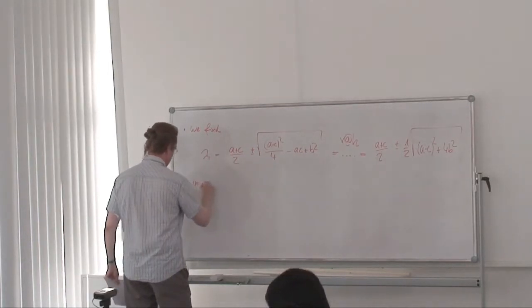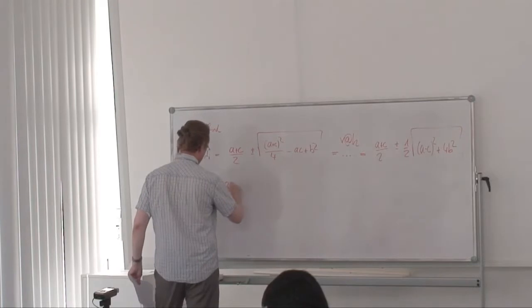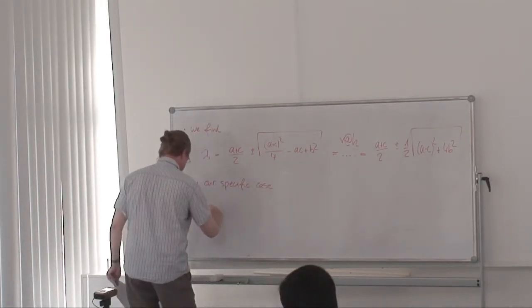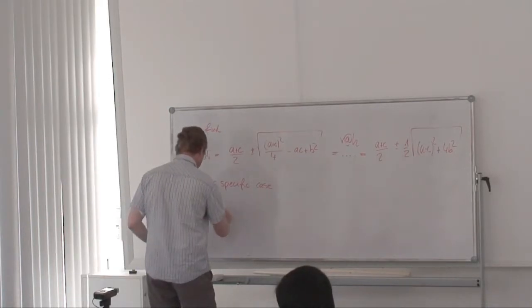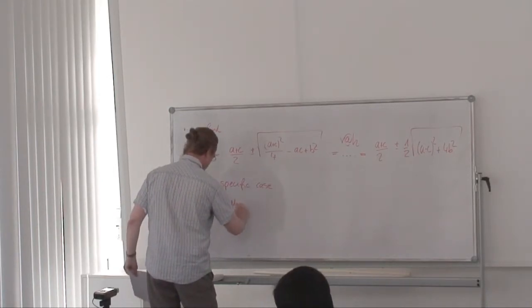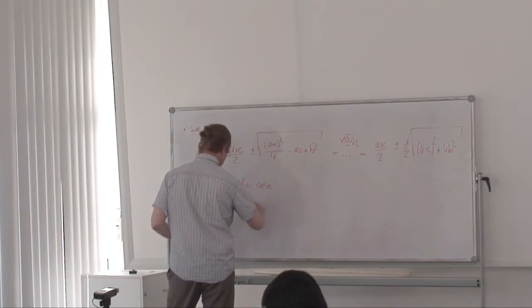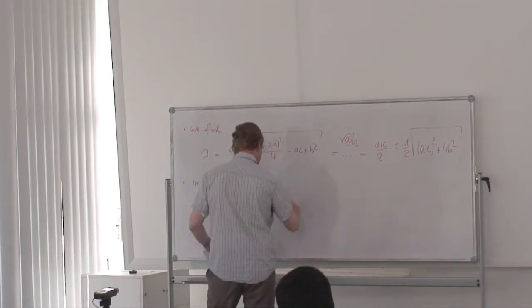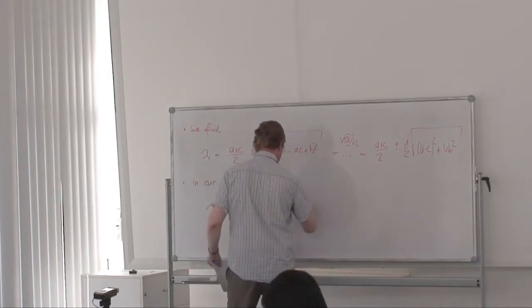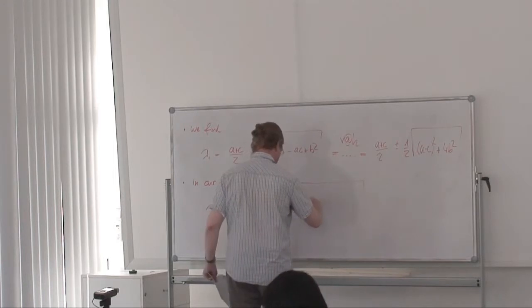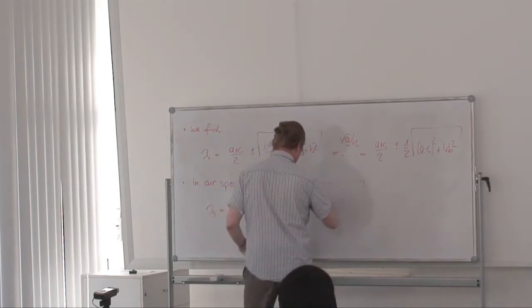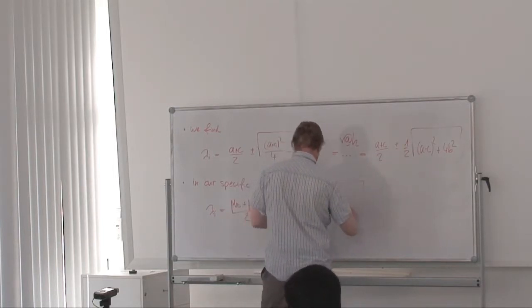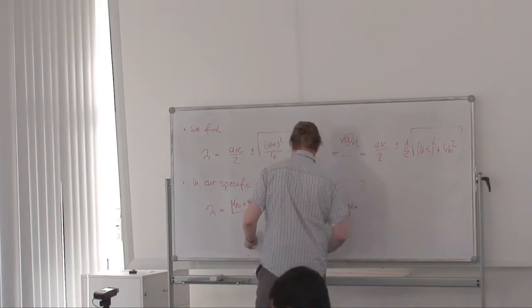In our specific case, we have that lambda I is (mu 2 0 plus mu 0 2) over 2 plus minus 1 over 2 times the square root of (mu 2 0 minus mu 0 2) squared plus 4 mu 1 1 squared.